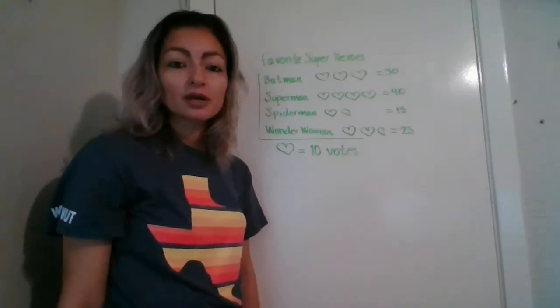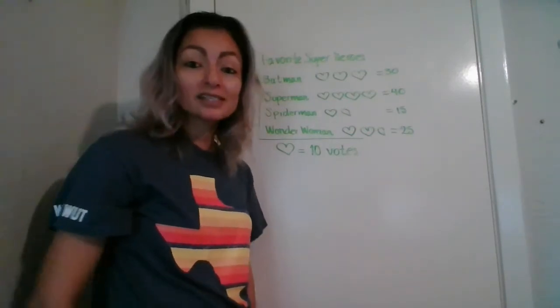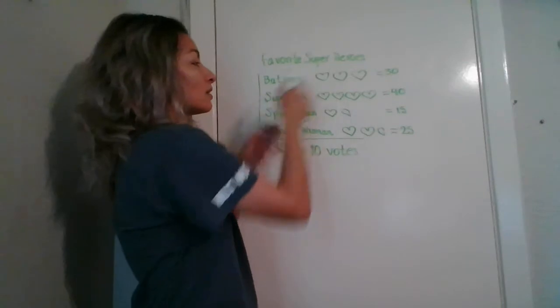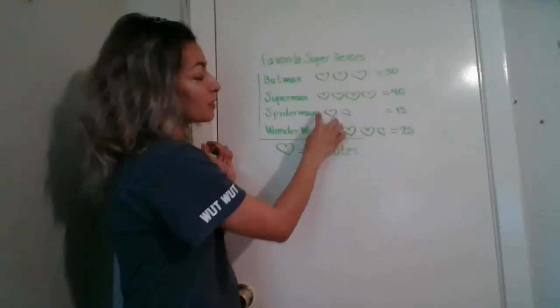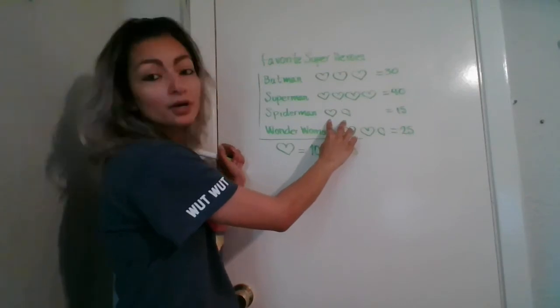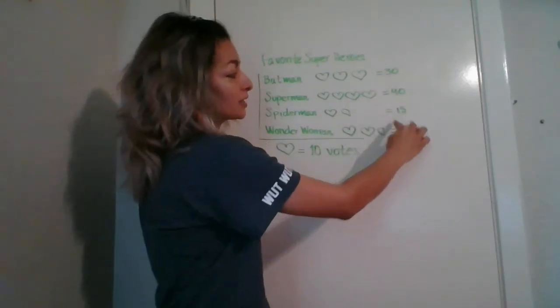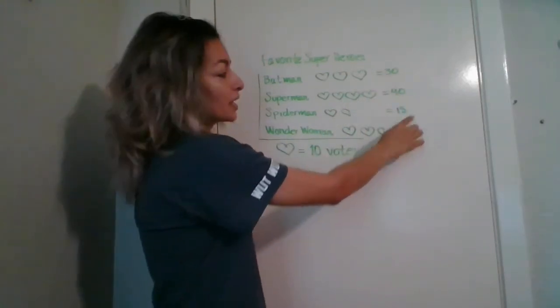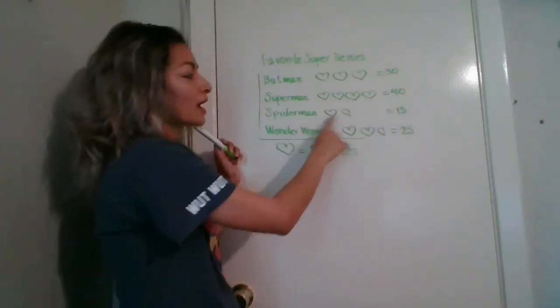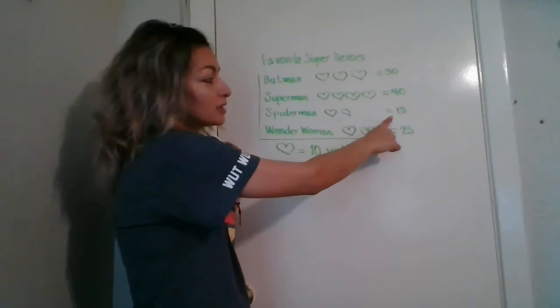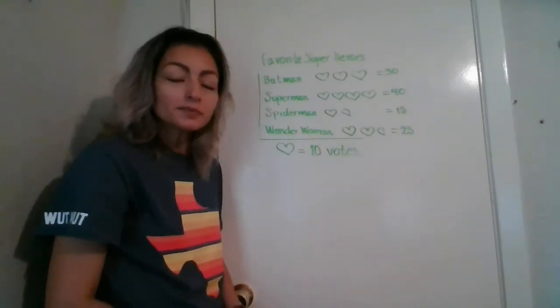If they ask me what superhero got the least amount of votes, I can also look at the pictures and look for the smallest one. Or I can also look at the value or the total of votes and pick the smallest one. And I'll find out that Spider-Man had the least amount of votes with only 15.